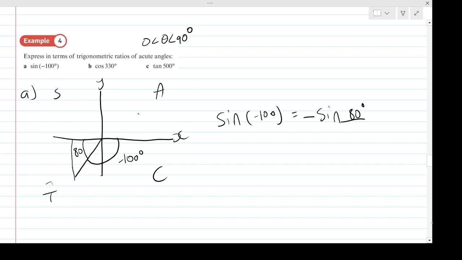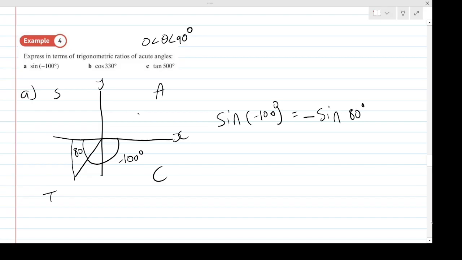Because it cannot be positive because of the CAST diagram. Only tan is positive at this angle. So we have to whack on a negative. If we can find sine 80, then we just put a negative, and we get the result for sine minus 100. So this is what I mean by the idea that we can break down larger, more complicated angles into smaller ones, in this case by using the CAST diagram, okay?